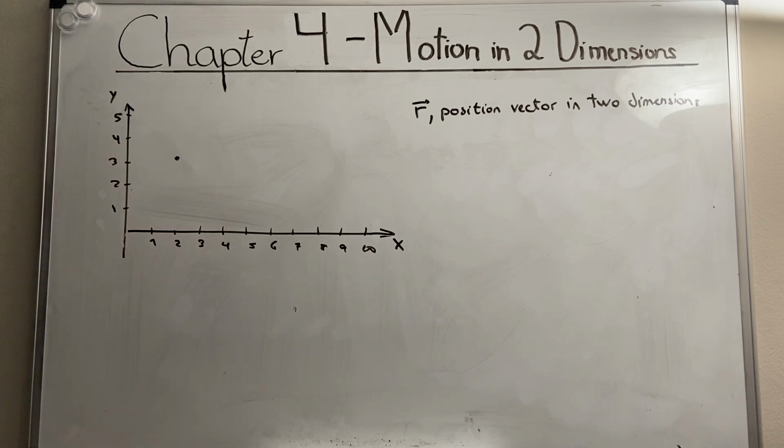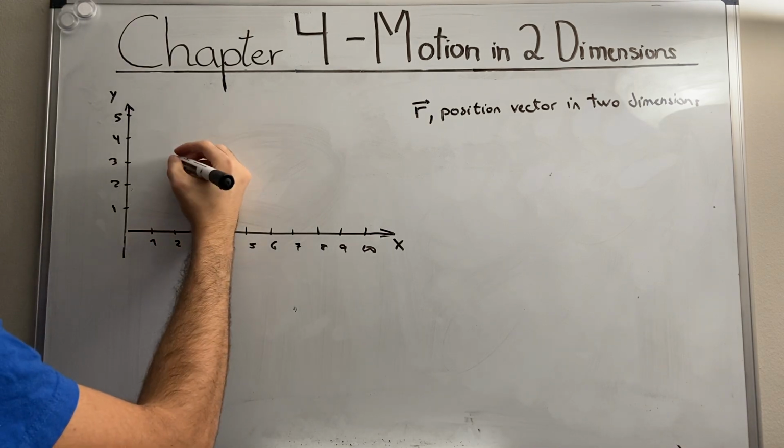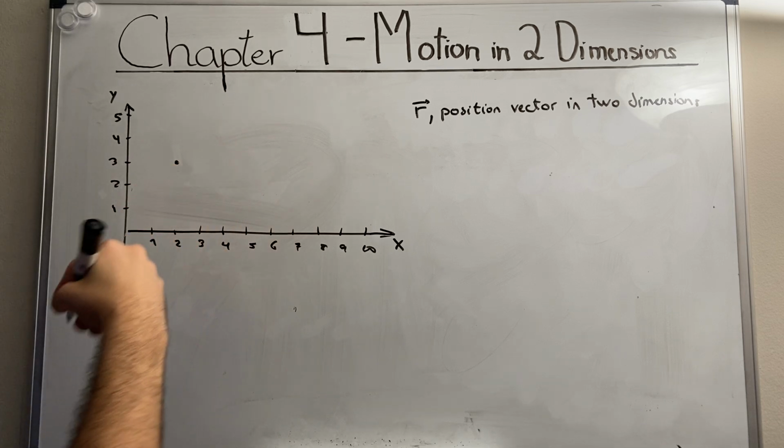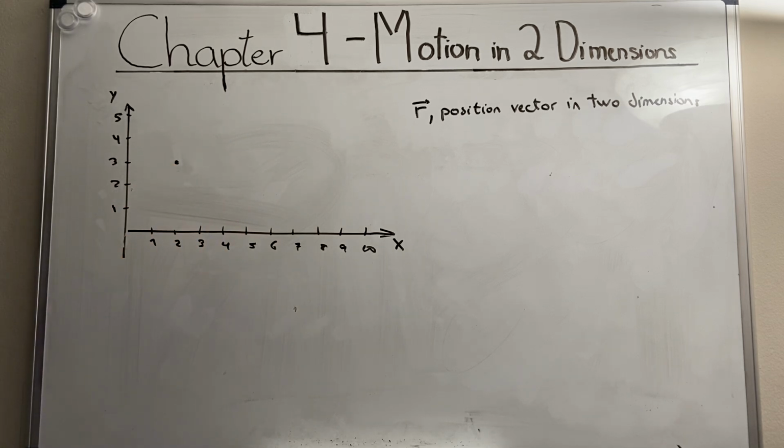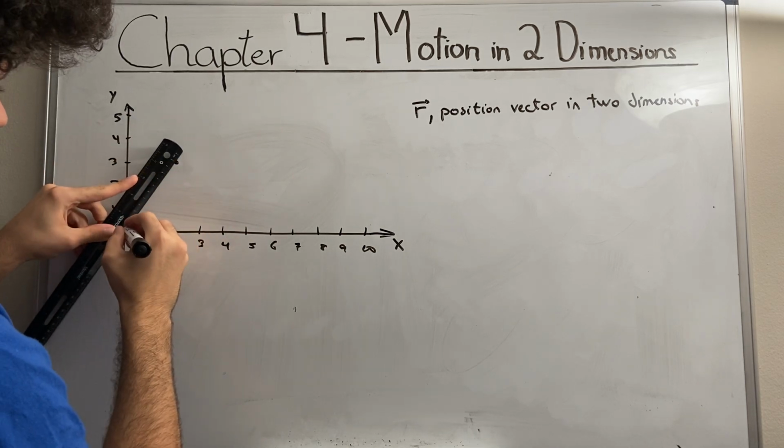So in this case, we are again discussing position. However, it's important to note that the way that we evaluate position is no longer going to be in one dimension, but in two dimensions. And the way that we're going to do that is with vectors, what we learned in Chapter 3.